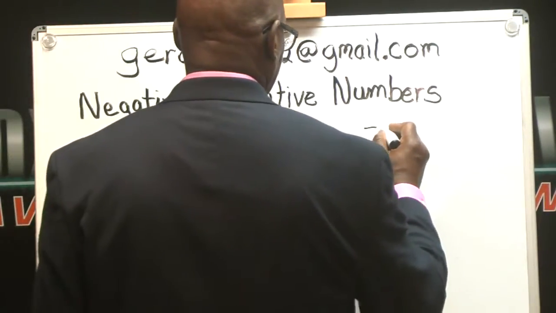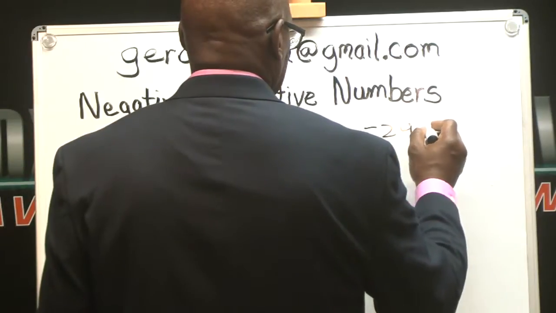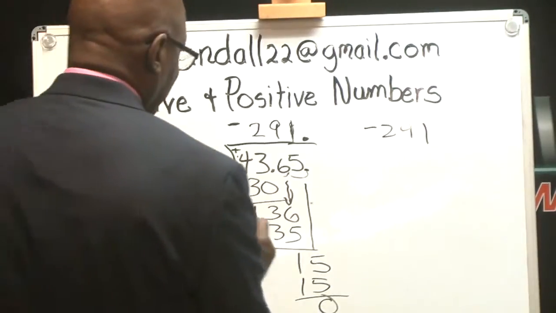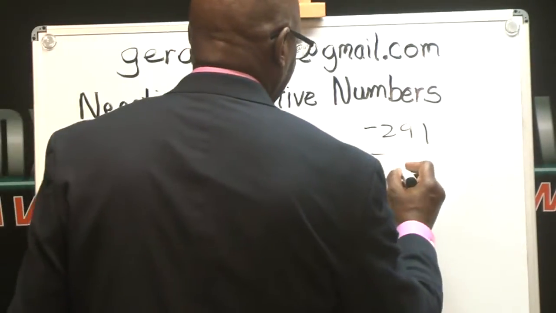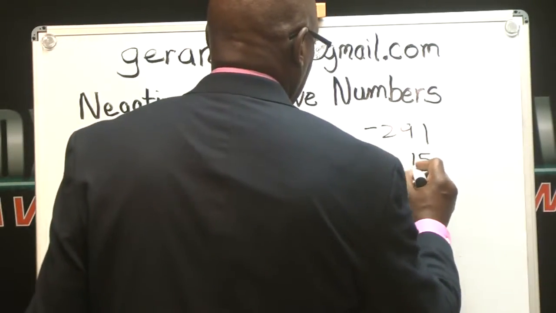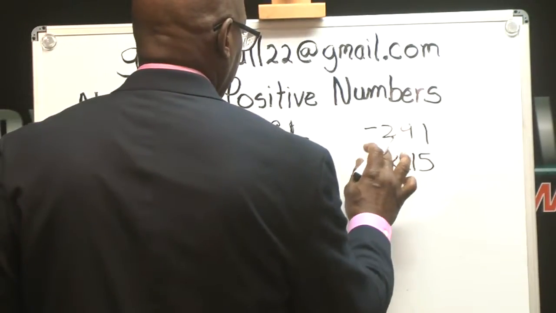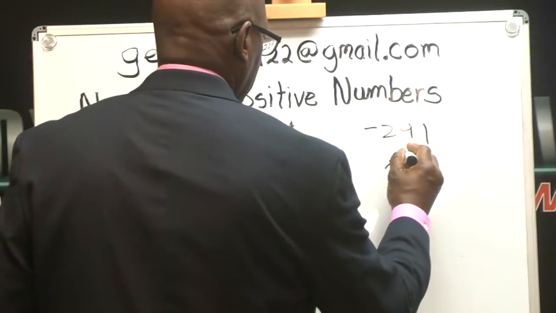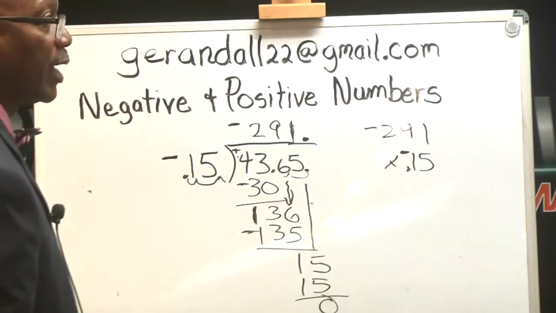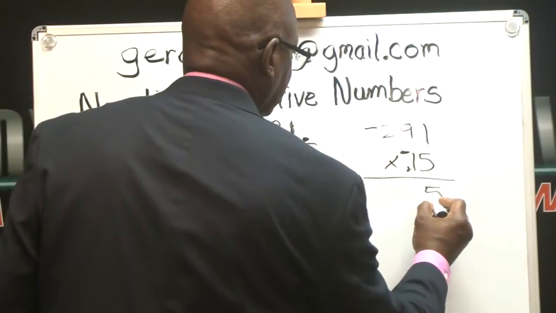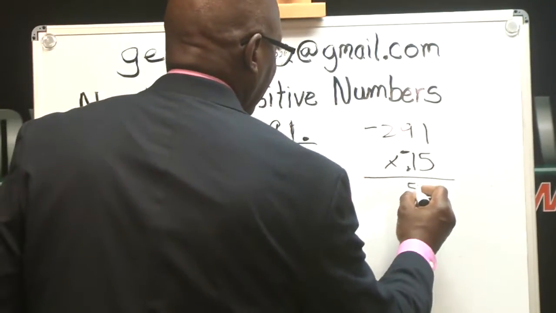So we have a negative 291 times the original divisor of a negative 15. Okay? I need to put this over here. Multiplication. 5 times 1, 5. 5 times 9, 45.